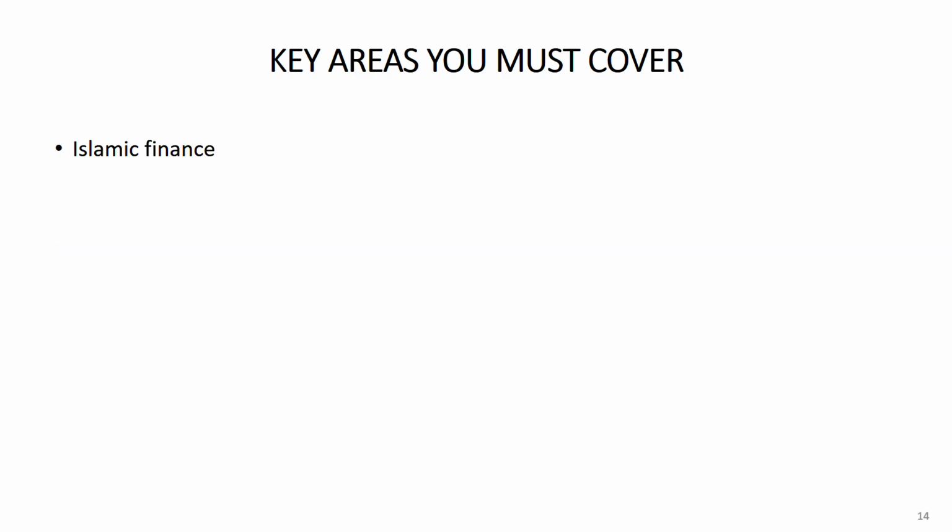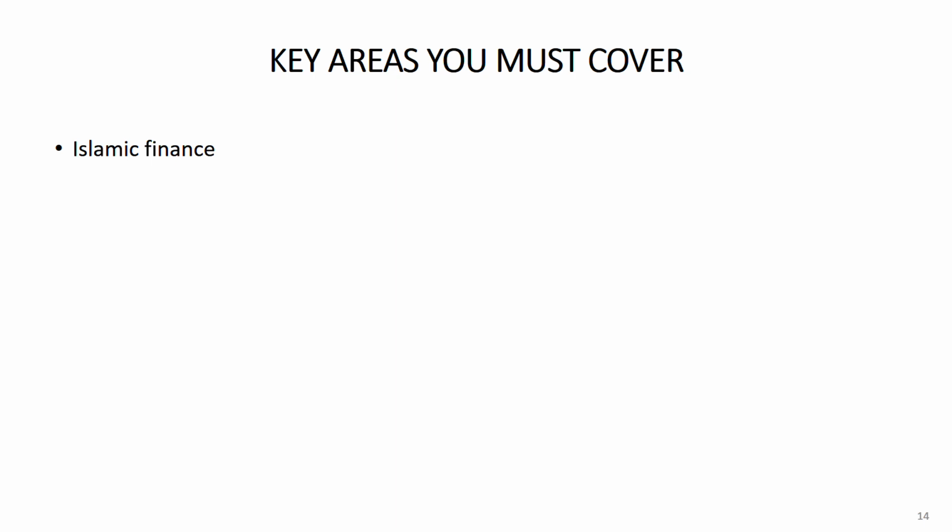Next, Islamic finance, right? So much in detail you don't have to know. There are so many products in Islamic finance, sukuk, ijara, riba, but make sure that you know at least the basics. You will not be asked a calculation on this, only the theory part. So make sure you know the advantages, the disadvantages, and the features of Islamic finance.